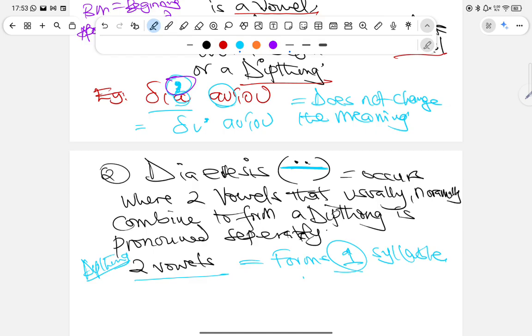Letter 1 sounds by itself, then there's a gap, a breather, and then letter 2, which is still part of the vowel in the diphthong, and then you continue.